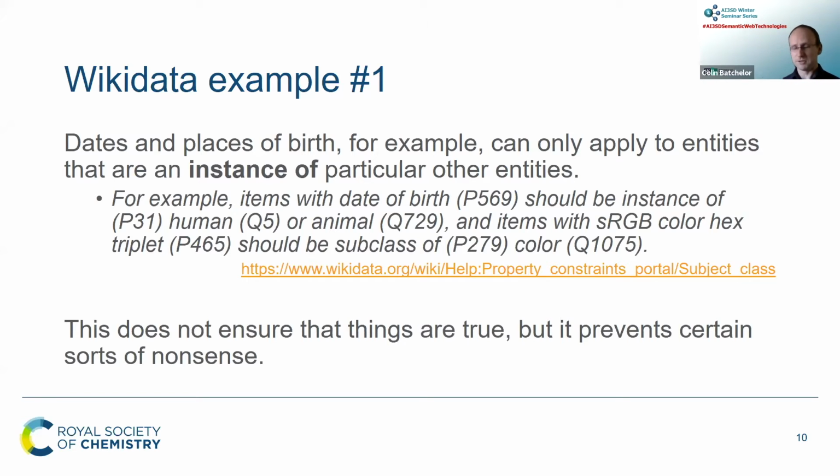So if you want to give somebody a date or place of birth, you have to make sure that they're an instance of a human being. The other example from the documentation is that if you are giving something the color #FFFFFF for bright white, if you're giving something that color specification, then it should actually be a color. Again, this doesn't force things to be true, but it does prevent colors having a place of birth, for example.